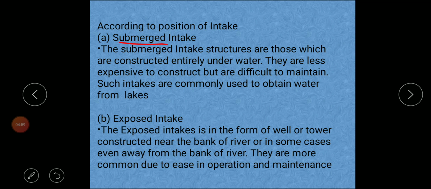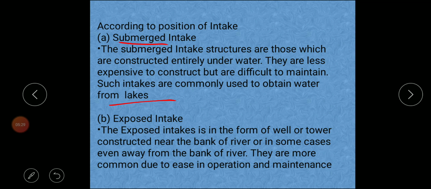They are less expensive to construct but are difficult to maintain. Such intakes are commonly used to obtain water from lakes. When this type of intake is constructed in lakes, we get the water from the lakes.